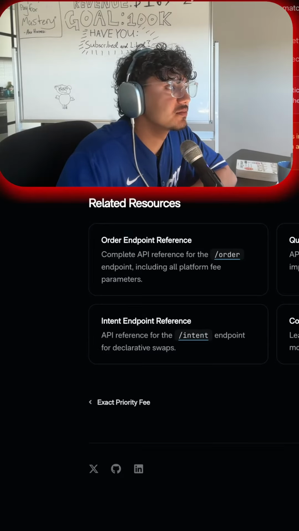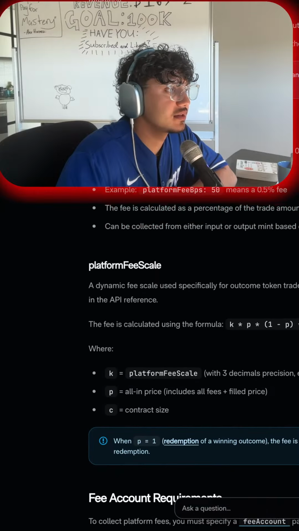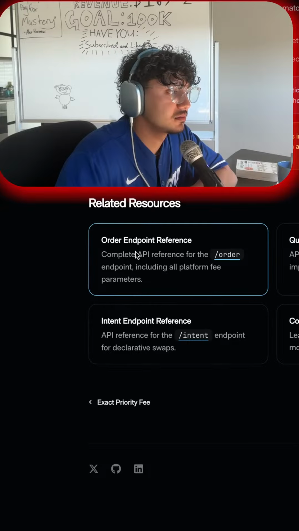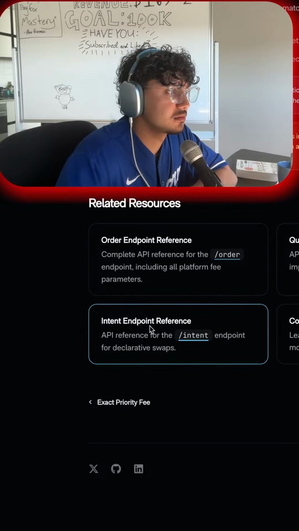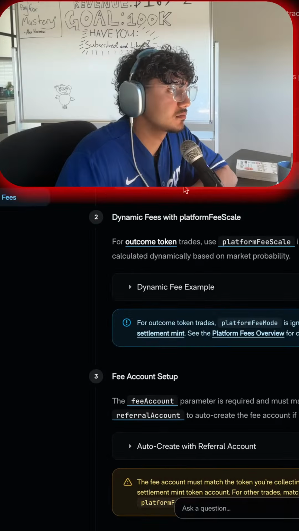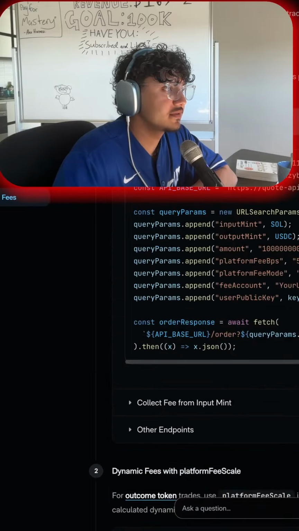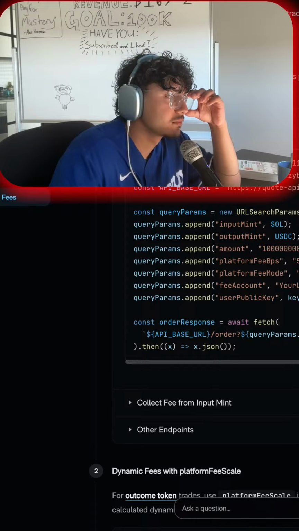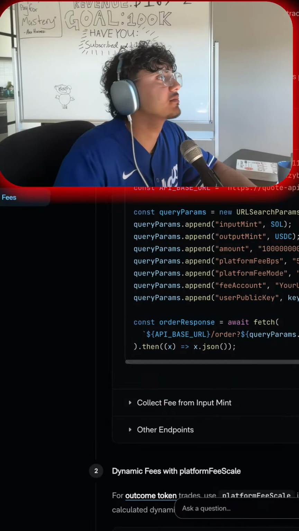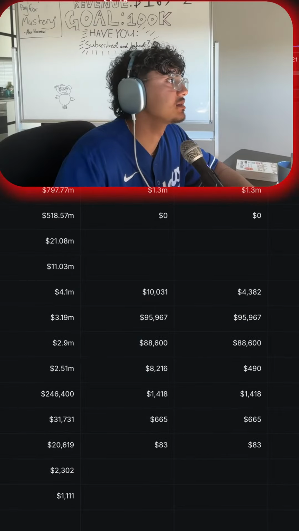So there is a 500 BPS cap, but they also have a flat fee. Fixed fee. Oh, okay, I see, 0.5% fee. Okay. That makes sense now.